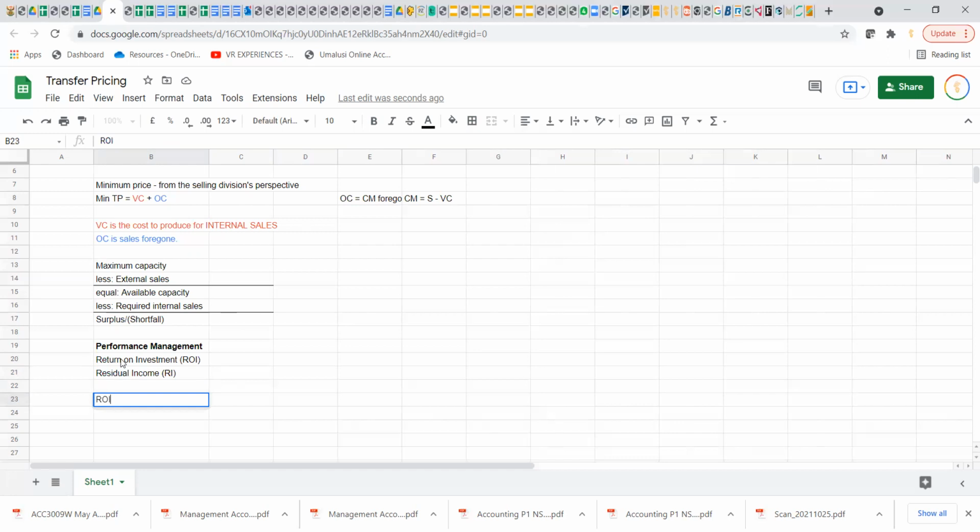So what is the formula? The formula for ROI is equal to controllable profit divided by controllable investment multiplied by 100.